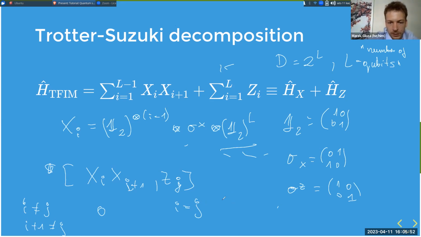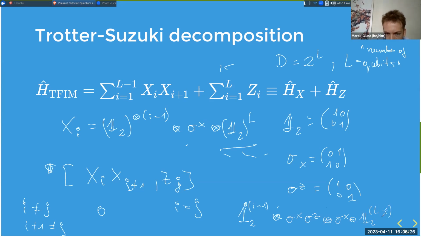We will have this commutator here, and basically the commutator will be the identity tensor I minus 1, the 2x2 identity, then the sigma x matrix, sigma z matrix, tensor sigma x matrix, tensor identity to L minus i, and then minus the identity again.